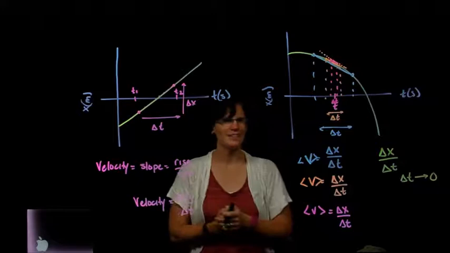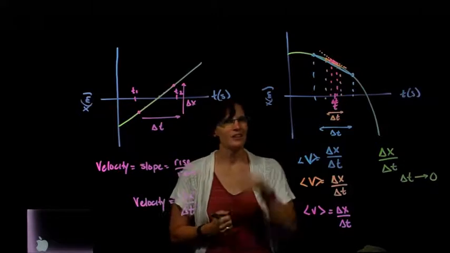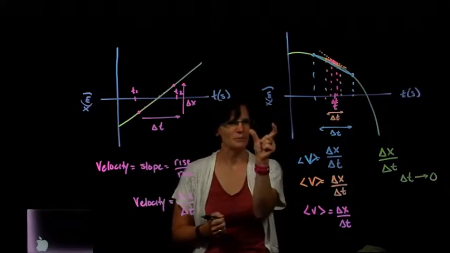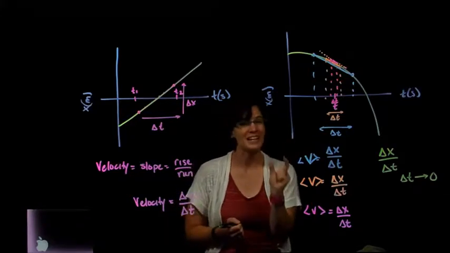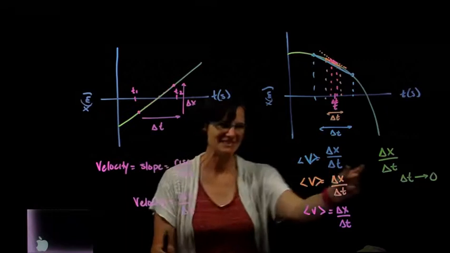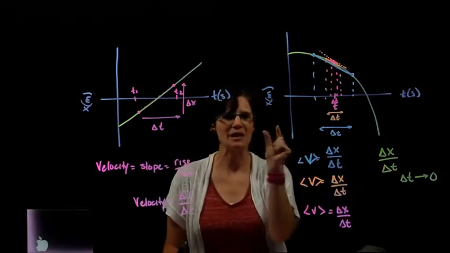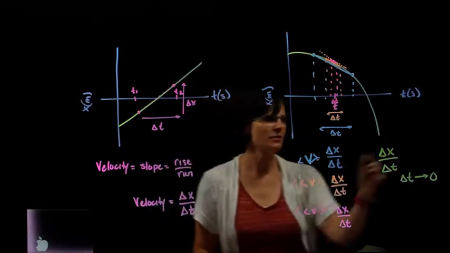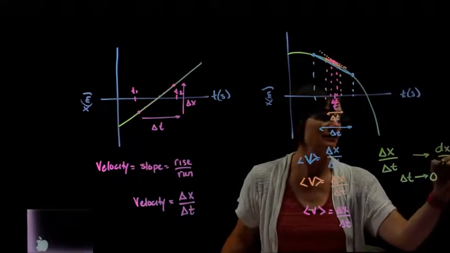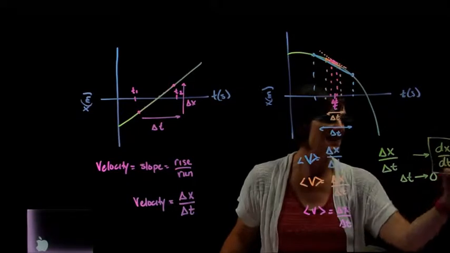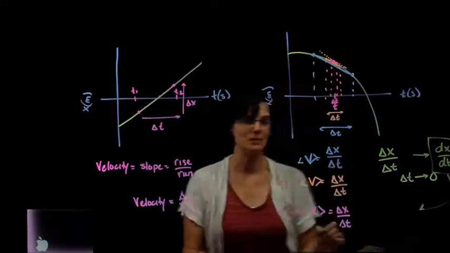So hopefully that rings a bell. If I look at a change in one variable as a function of a change in another variable, as that second variable, time, gets closer and closer to 0, this turns into a derivative. And this is what becomes important.